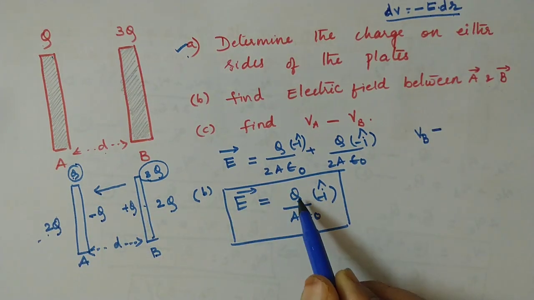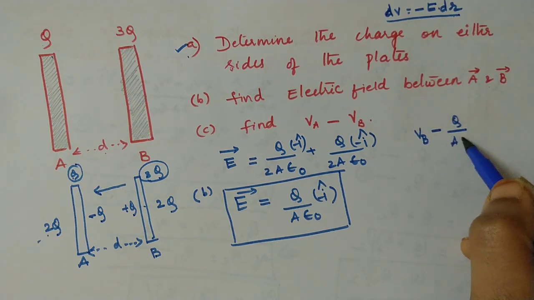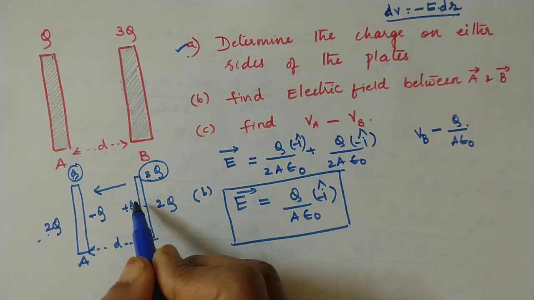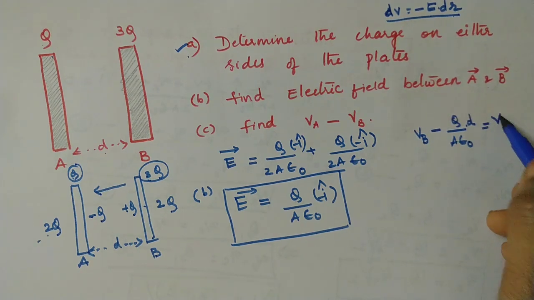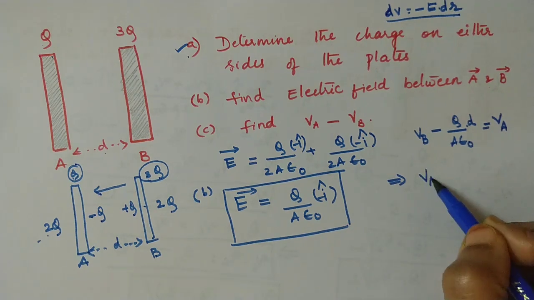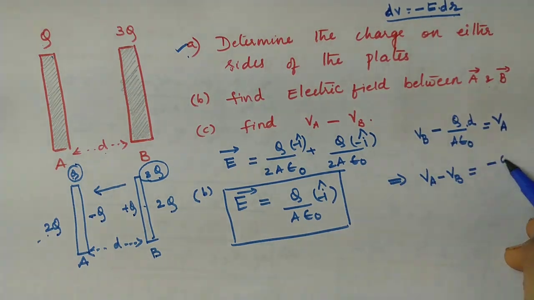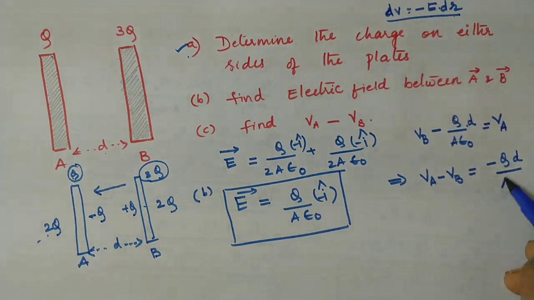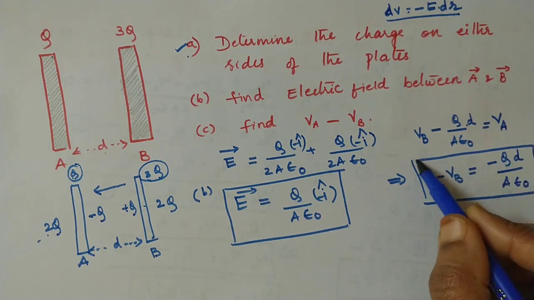The electric field we already know: it's Q by A epsilon naught, into the distance between the plates, that is D, will give you potential at A. This implies VA minus VB is minus Q into D divided by A epsilon naught. So this will give you the potential difference.